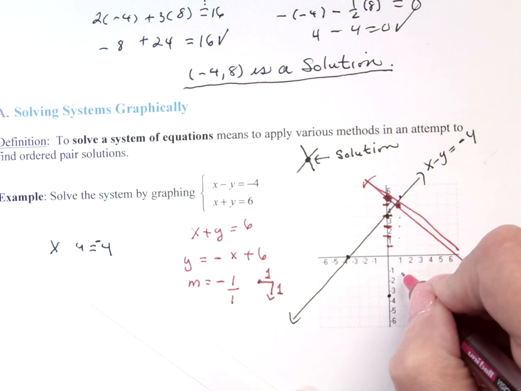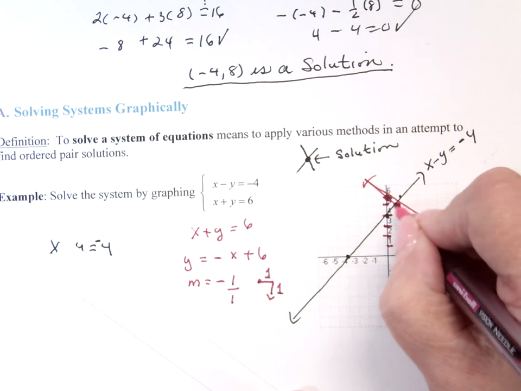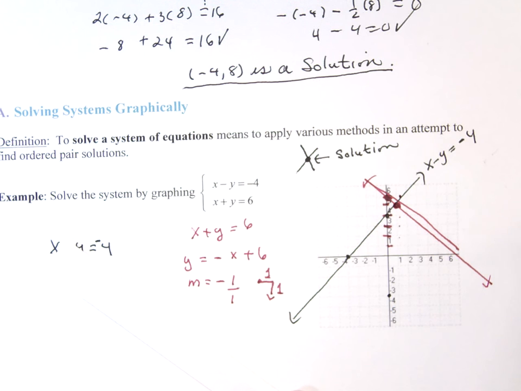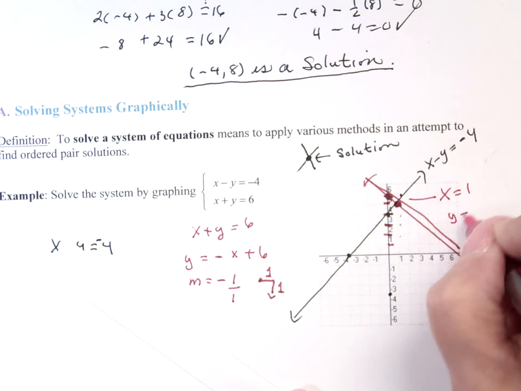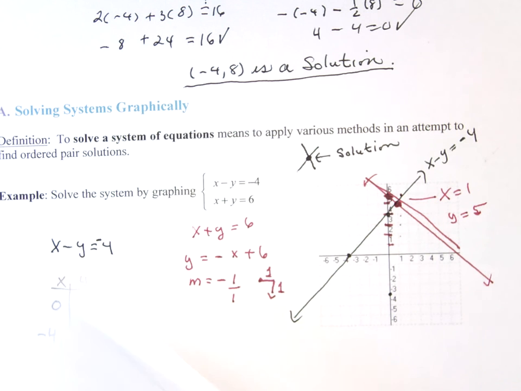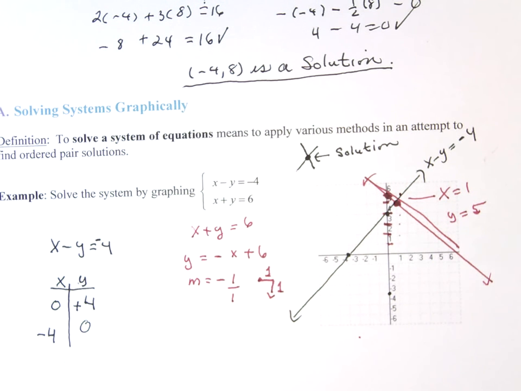And it looks like it's x equals 1, y equals 5. Maybe. So my guess is, in this instance, from the visual.